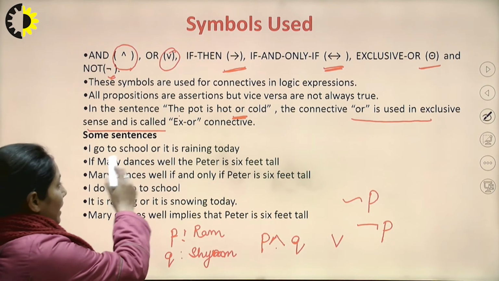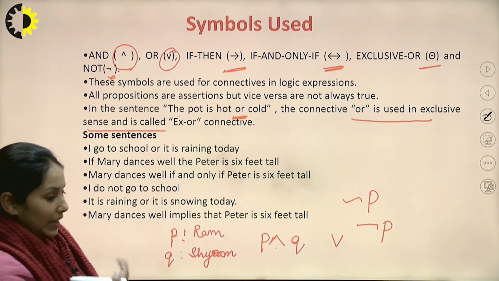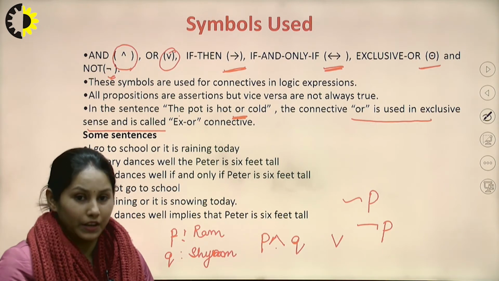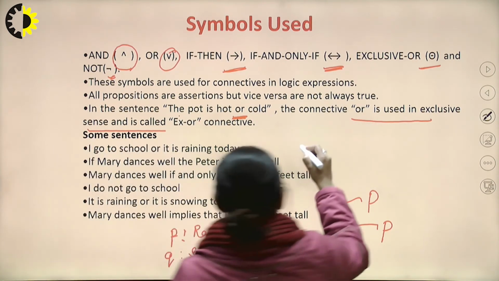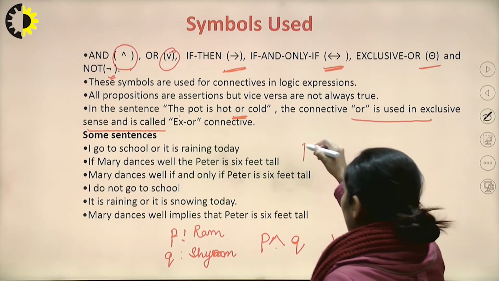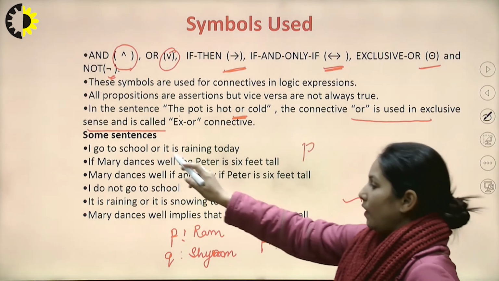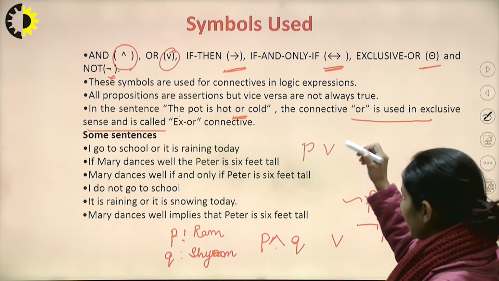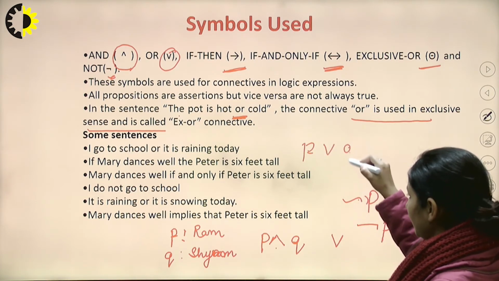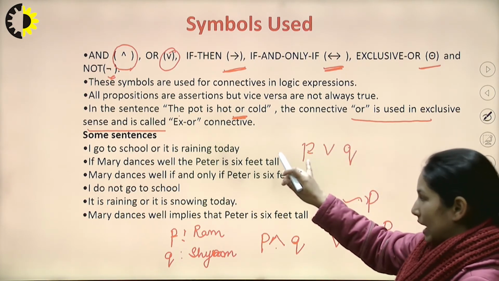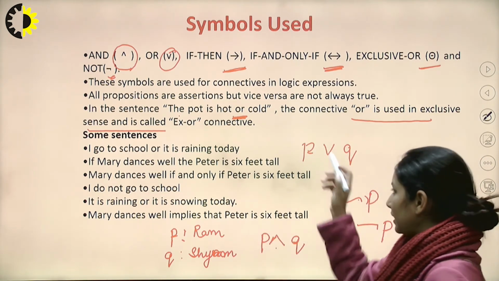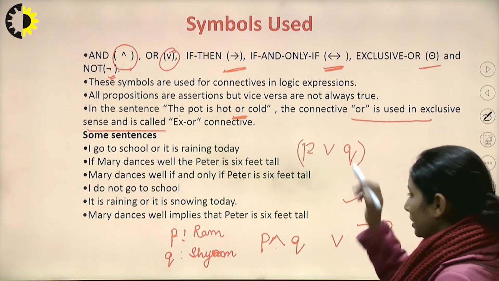If I say that I go to school will be represented by P, then P is representing I go to school, or it is raining today. So, or Q will be representing rain. So, I go to school or it is raining today. You can deduce this particular statement like this.